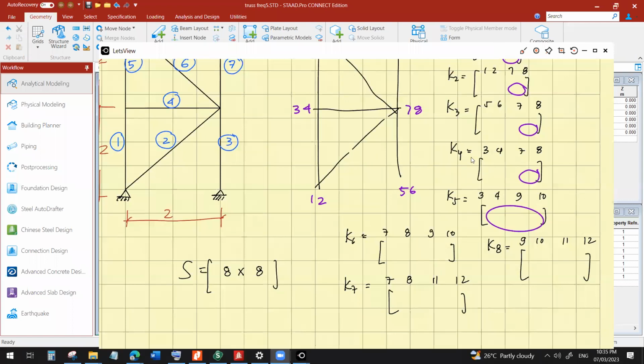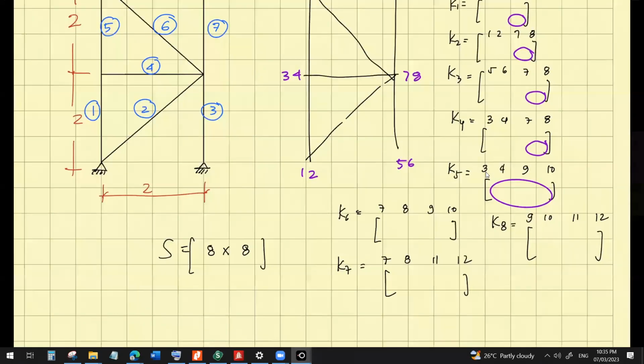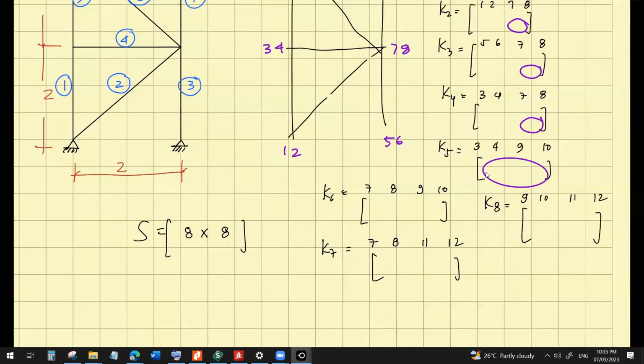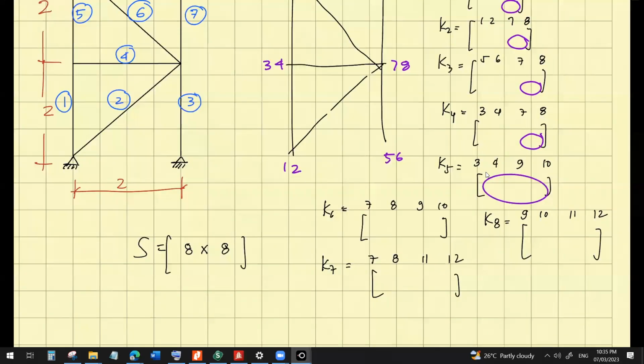Maximize ko muna. Yan, 3, 4, 9, 10. Ay, sorry. 7, 8, 9, 10 pala. So, lahat ulit. I-extract natin dito. 7, 8, 11, 12 also. 9, 10, 11, 12. Okay?